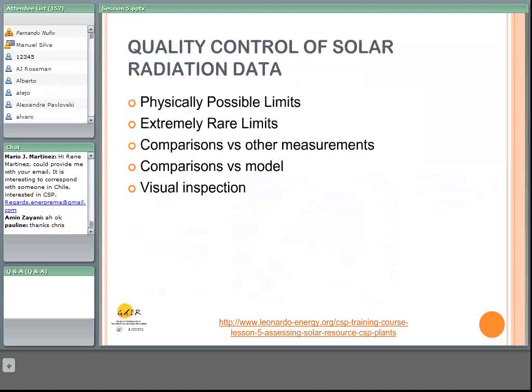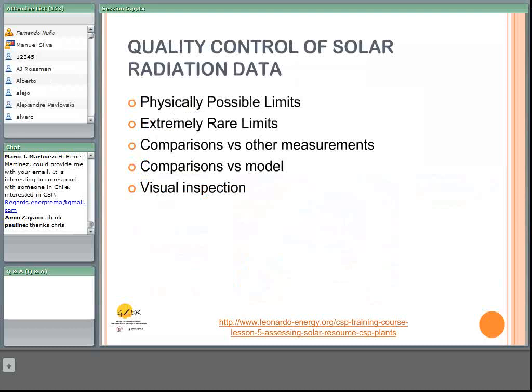The first one is to compare it with physical possible limits, and the second one is to compare it with extremely rare limits, with values that are very seldom measured in the world. Then the comparison with other measurements.